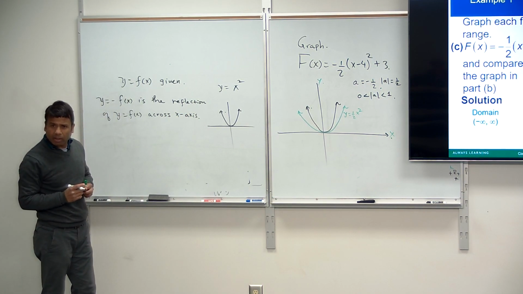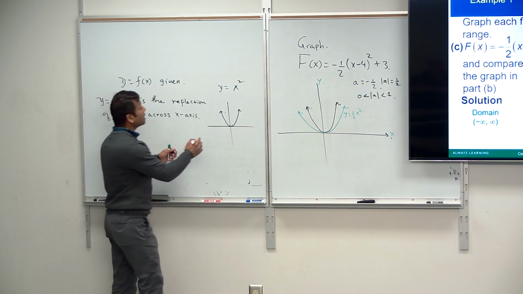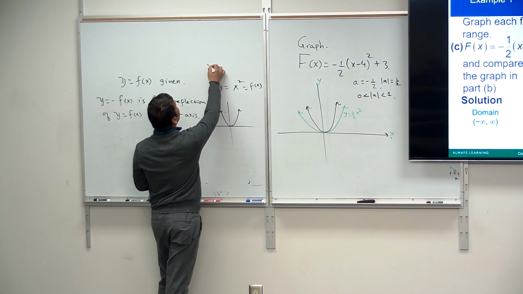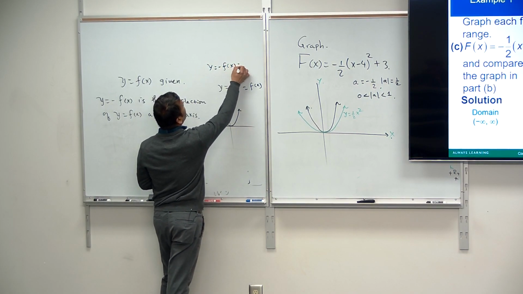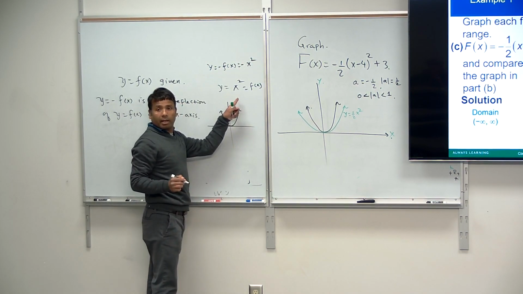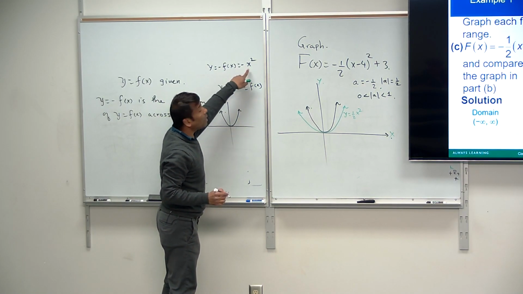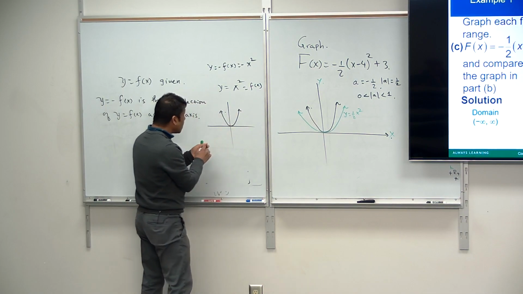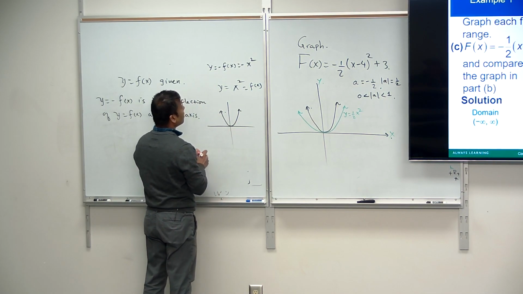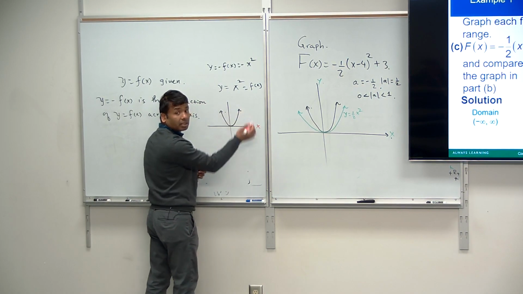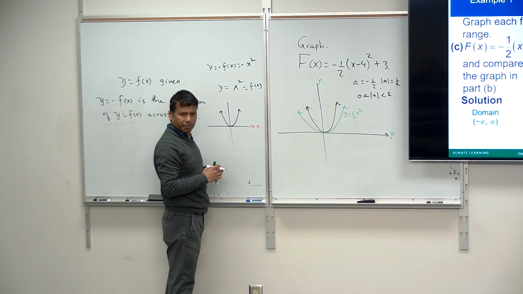You see what I'm talking about? So in this case, this is your y = f(x), and y = -f(x) will be -x^2, right? Now the graph of y = -x^2 is you reflect this graph across the x-axis.